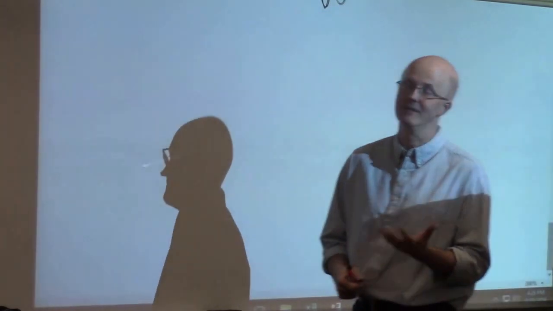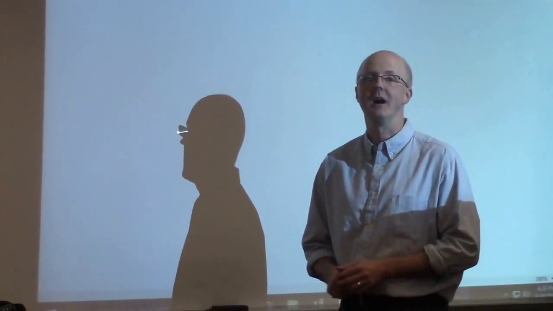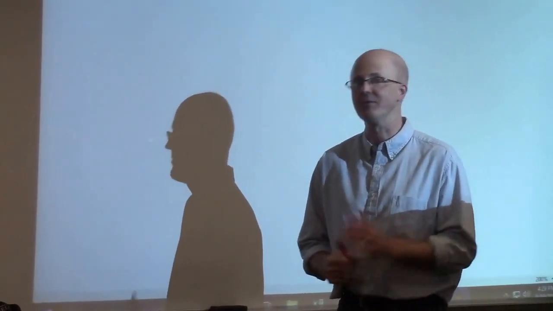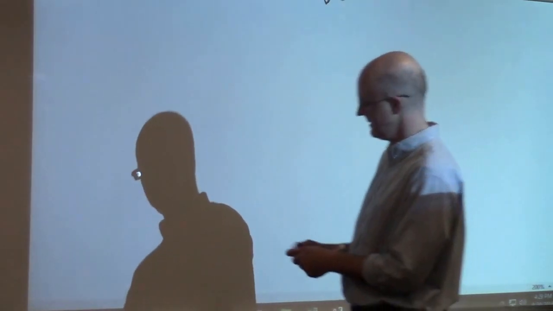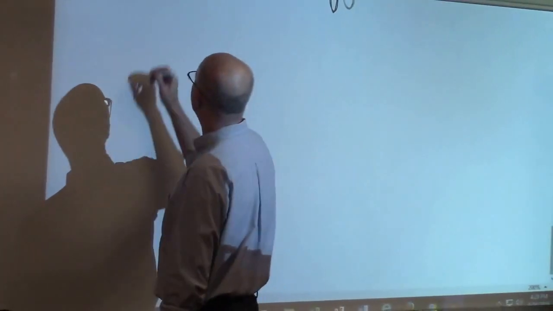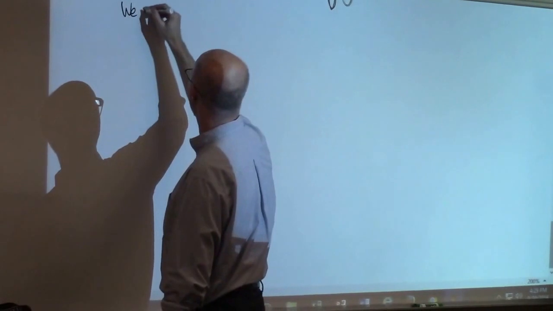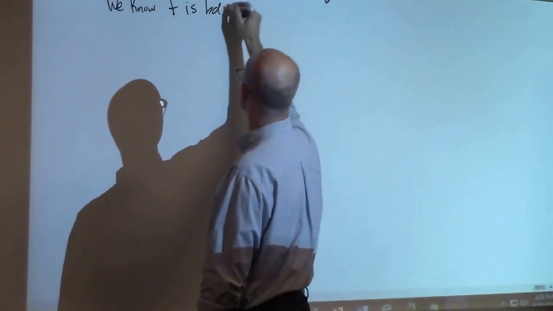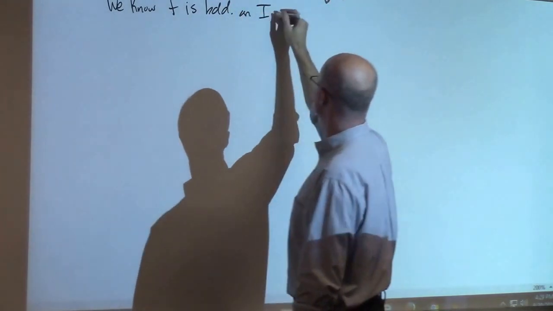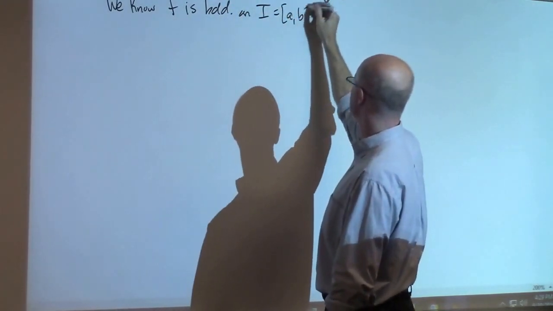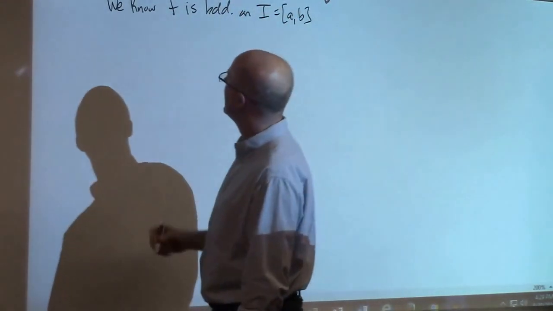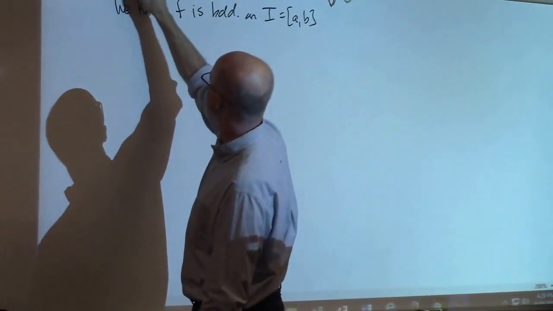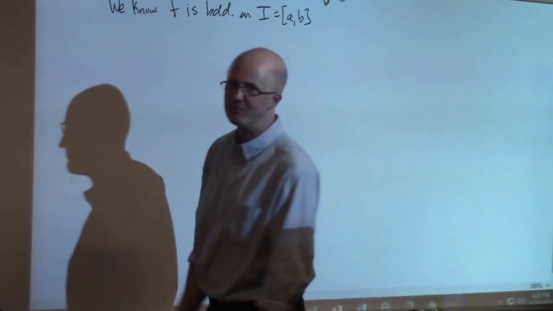Let's prove there's a number c such that f of c equals alpha, the inf of the image. So now we know f is bounded on the interval, still a closed and bounded interval. I guess I'm already into the sketch here of the second paragraph.